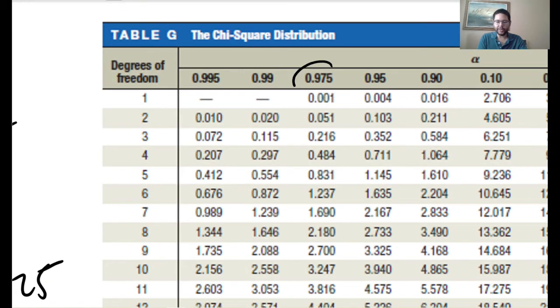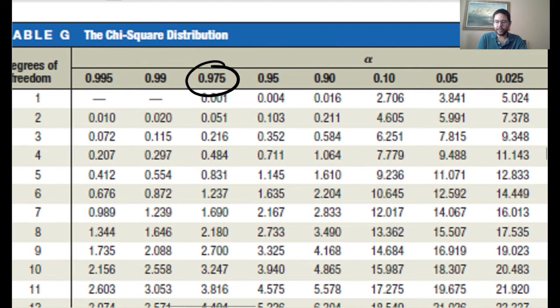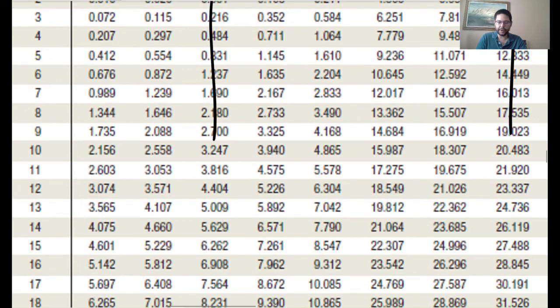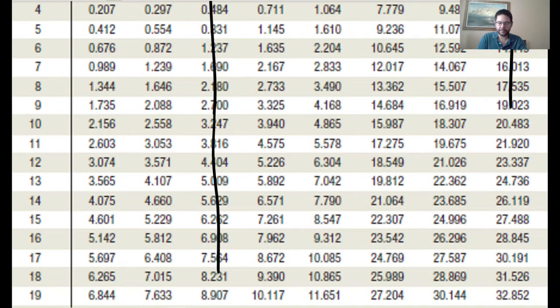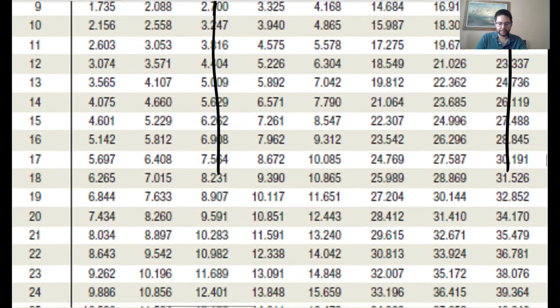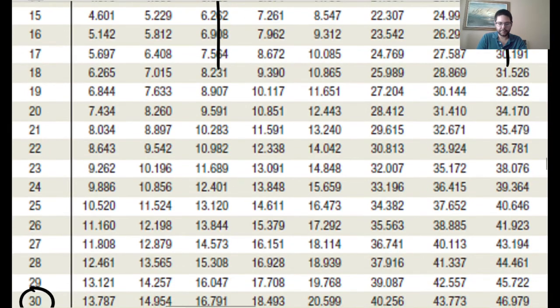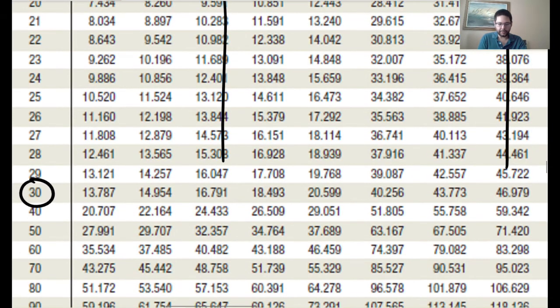We're interested in 0.975 and 0.025. We're going to trace those down because I don't want to lose sight of them. It looks like we're using 16.791 and 46.979.